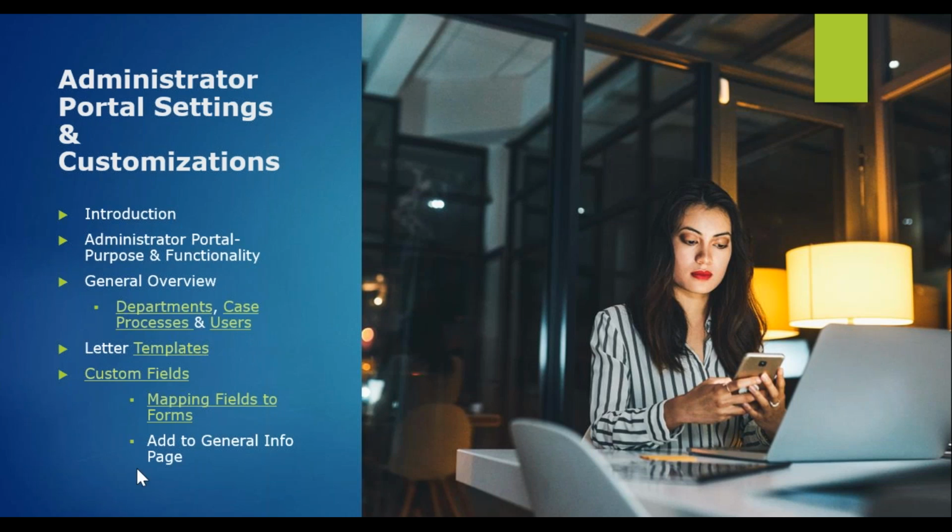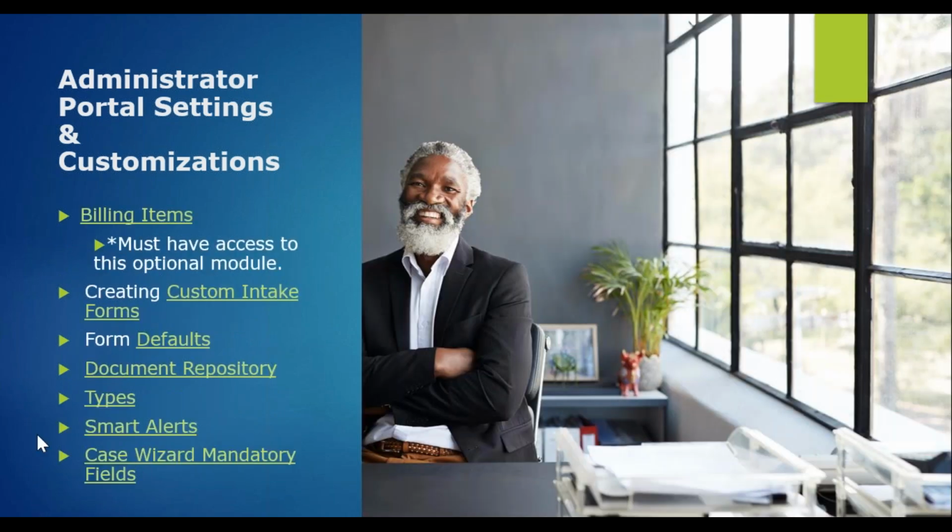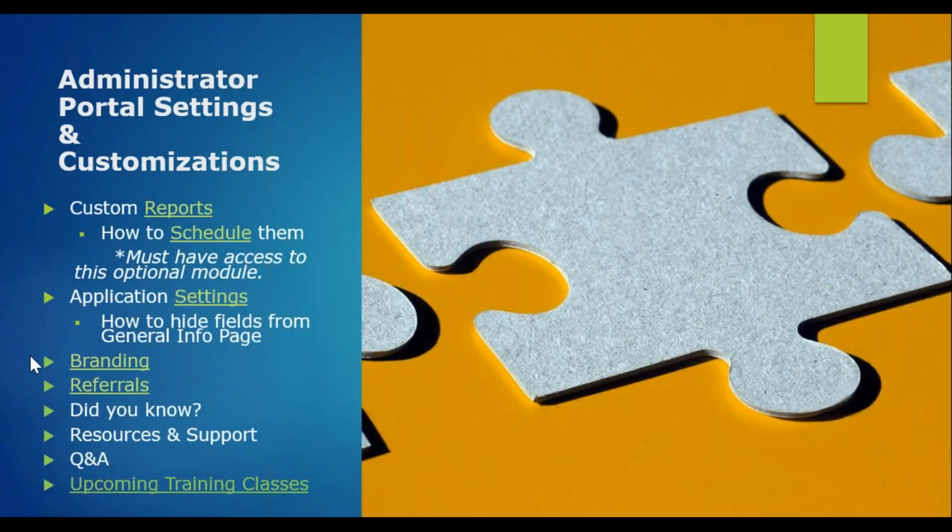Okay, so today again we're gonna go over these settings and customizations. Some of these features are considered optional modules, so you must have access to the module, including not just billing, but let's say custom reports, the critical processing module, for example. Those are the modules that might need you to upgrade or maybe switch.